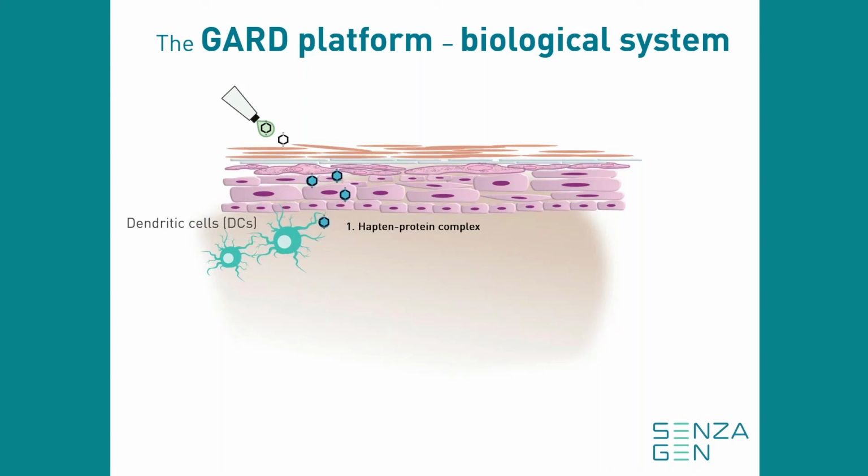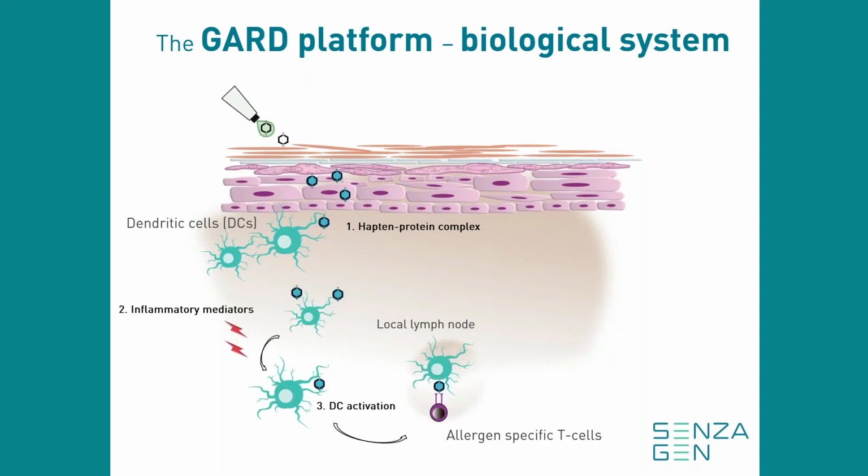First of all, you have the penetration of the chemicals through the skin, and then it will interact with endogenous proteins to form a hapten-protein complex. This hapten-protein complex will then be recognized by dendritic cells, in response to different types of inflammatory mediators, which can be generated either by keratinocytes or, of course, by the dendritic cells themselves.